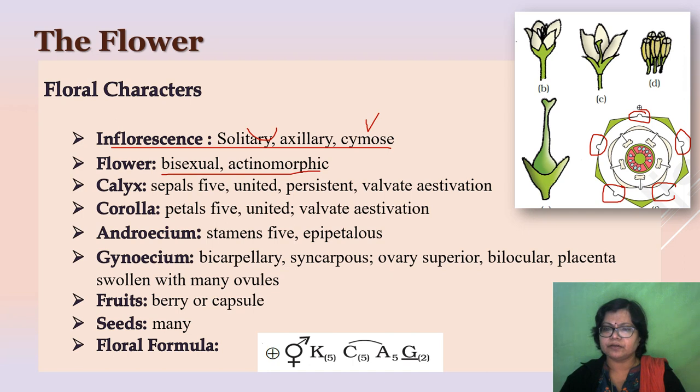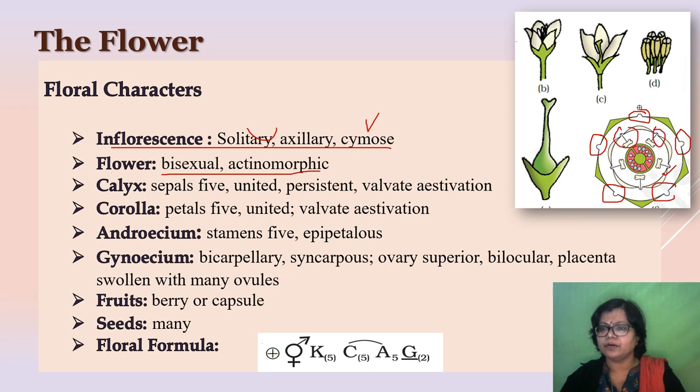And estivation also valvate. Corolla, here you can see that is 1, 2, 3, 4, 5. Total 5 are there. It represents valvate estivation, and here also they are joined, fused together. That's why it has been shown in this way, right? It is joined.